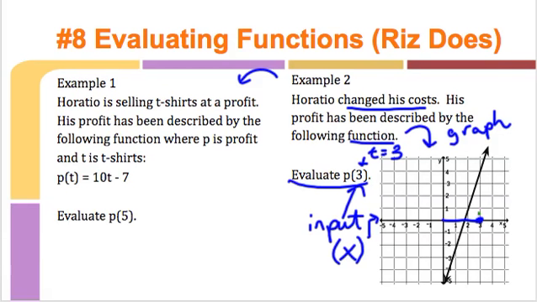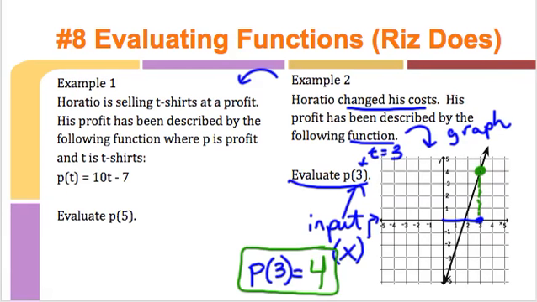So I see the line is above it, and I notice that it's right here. So how I write this is I say P of 3 is equal to 4. So 4 was the value that I got on the line based on where 3 was at the x. Okay, let's go ahead and move forward.